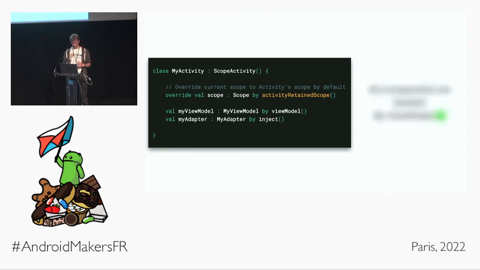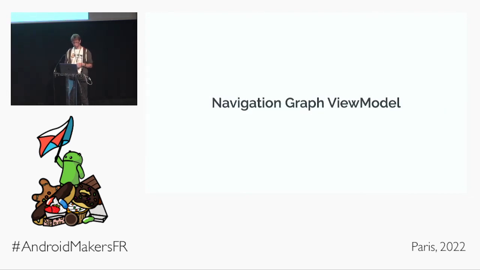This is the same as Google is doing, and then everything is surviving your configuration change. But really, I believe if you need to think about scope, really think if you really need it before diving into complexity.